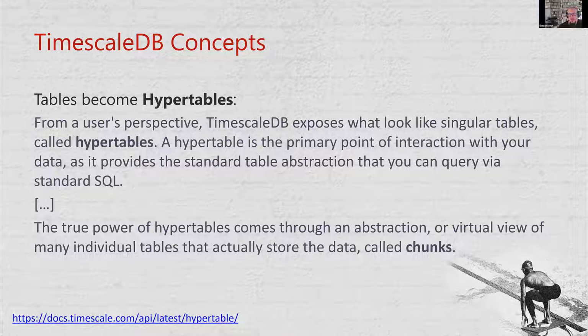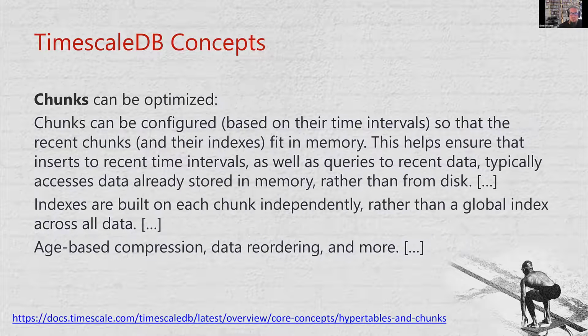Yeah, and what's more about the chunks? It's good that you mentioned this. Chunks can be configured so that, for example, recent chunks that you will access more frequently fit into memory. So basically what Postgres does in the background is try to optimize those chunks so that they fit your hardware configuration as well as possible and give you the possibility to access the data in those chunks as fast and efficiently as possible.